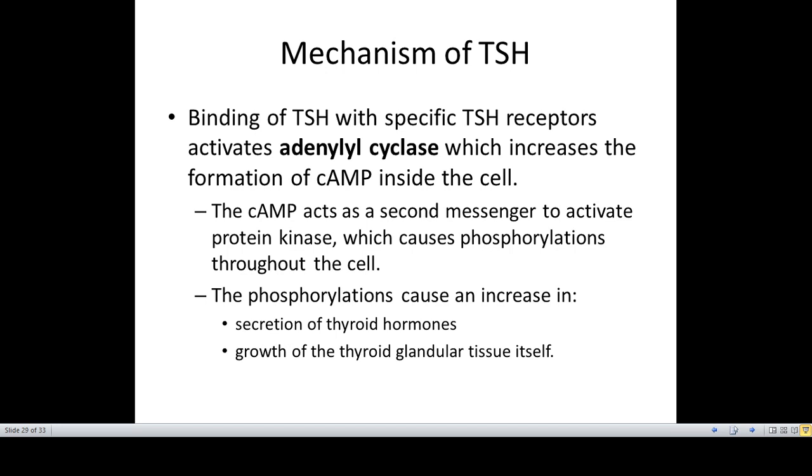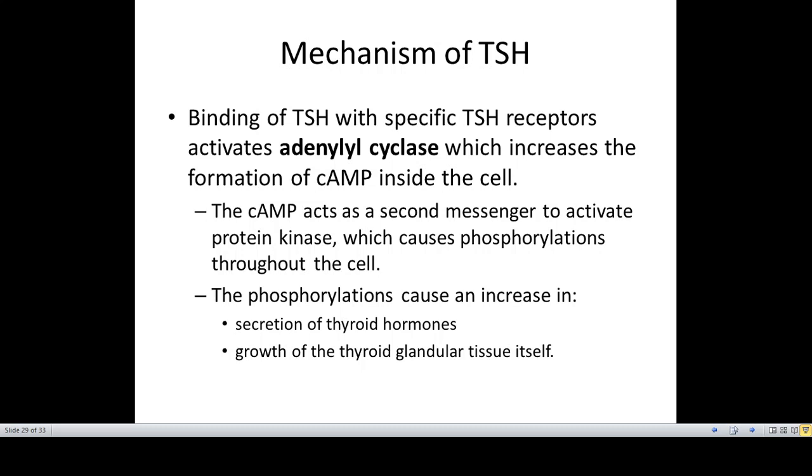Thyroid stimulating hormone binds with specific TSH receptors present on the cuboidal cells, and this activates the adenylyl cyclase enzyme, which increases the formation of cyclic AMP inside the cell.